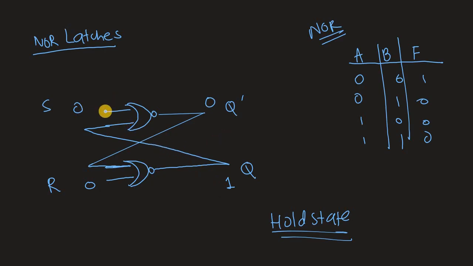Let's say we don't know these. We know this is 0, and what is this one? It's going to be the output of this one. If this is 0, do you know the output of this one? To know it, you need to know the input of this one as well.